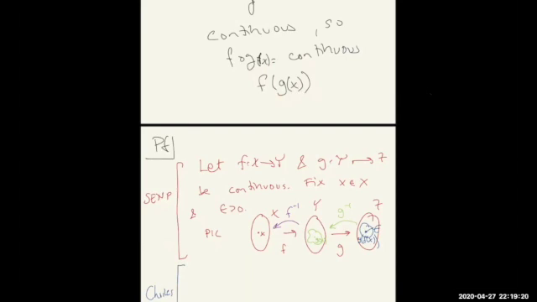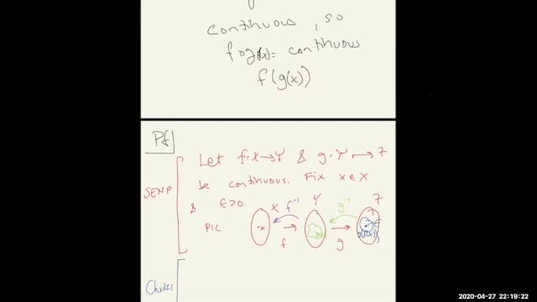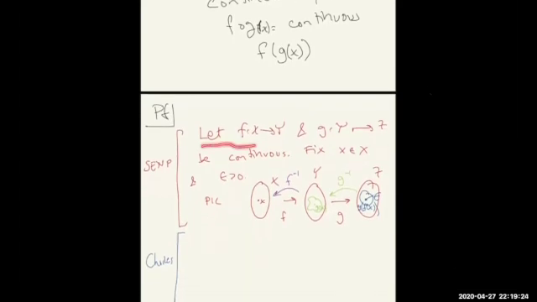But you have to write this carefully when you do it. So we have to take our setup. Let's say f is continuous, g is continuous. We want to prove continuity, so we fix a point x, and we fix an epsilon. And then what we have to do is choose our delta this time. Last time it was choosing our n.